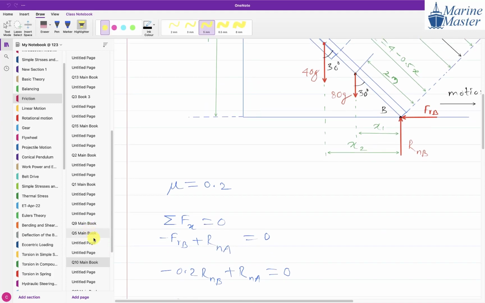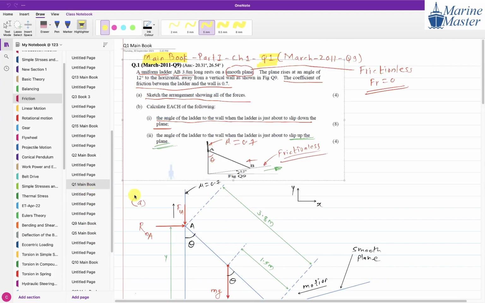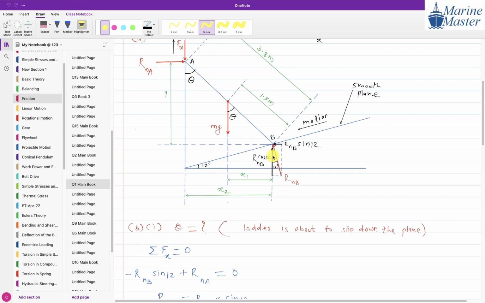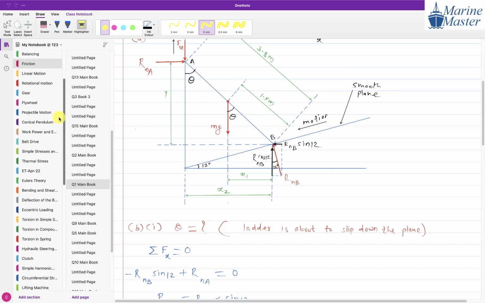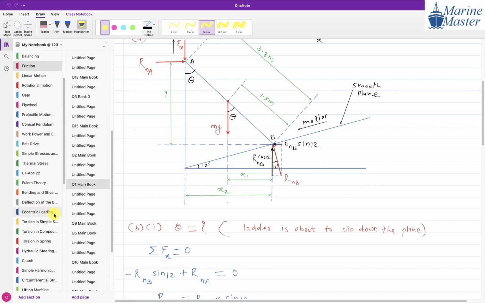Suppose this ladder numerical. This force RNB is going inward, then its components are also inward. That is the meaning of inward. Please, if you have not watched that video of basic theory, do watch it. Then only will you understand my concepts. Otherwise, everywhere you will get confused.